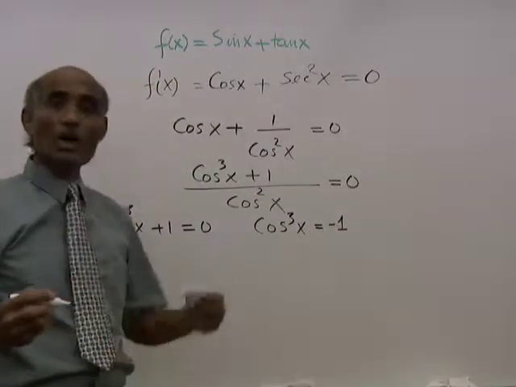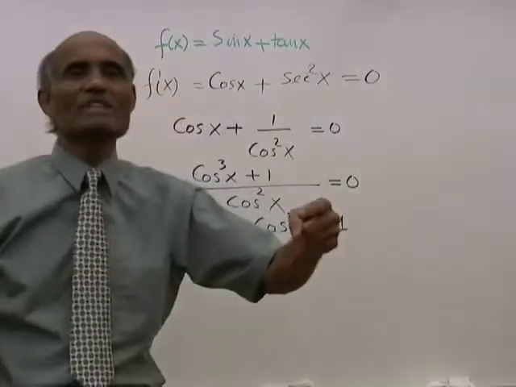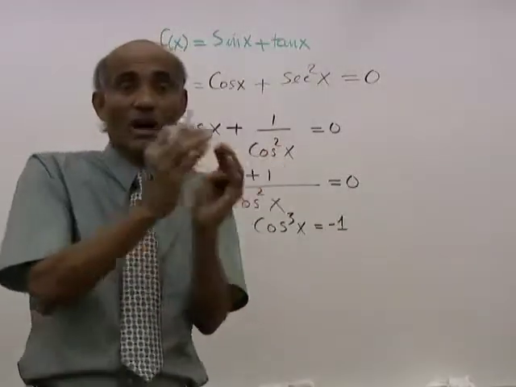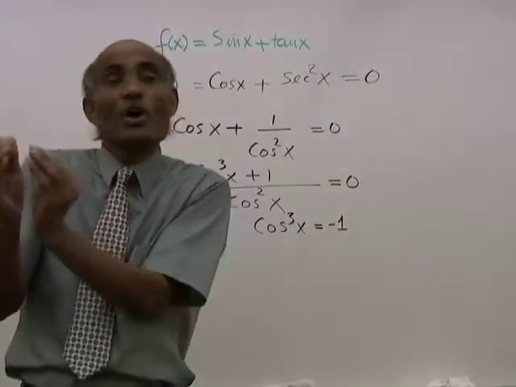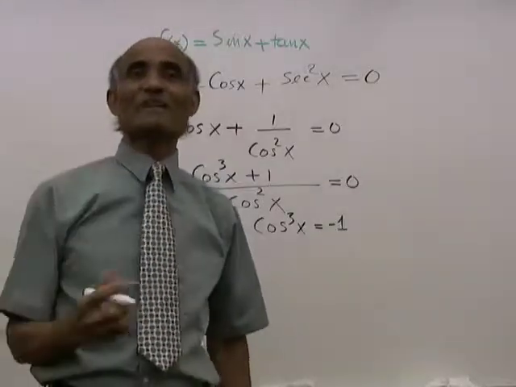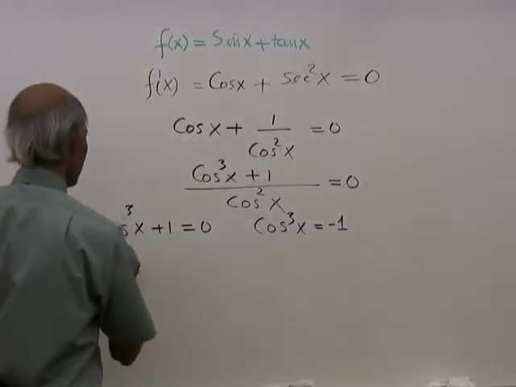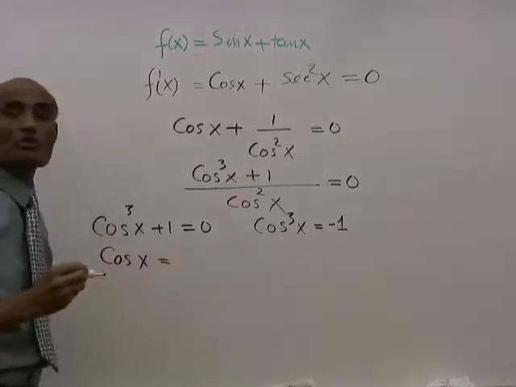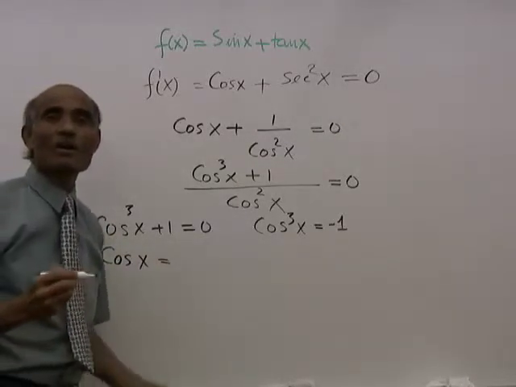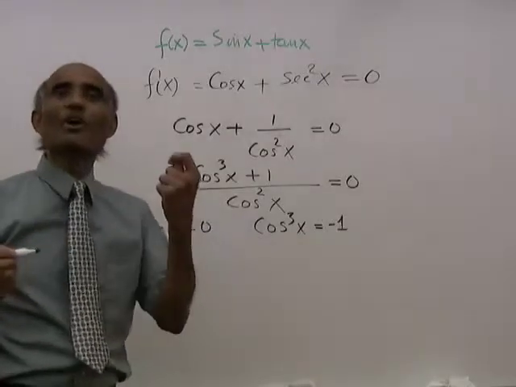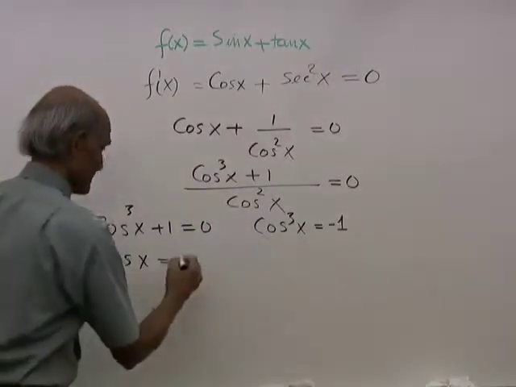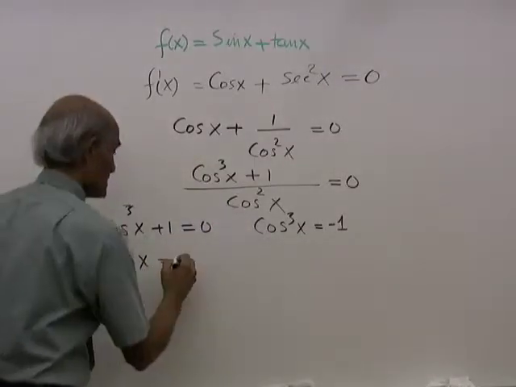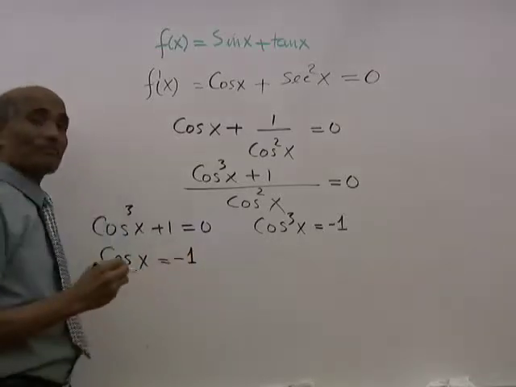All right, tell me, cos cube x equal to negative 1. Cos x times cos x times cos x equal to negative 1. What is the value of cos x? If cos cube x equal to negative 1, what is the value of cos x? Well, it is negative 1.